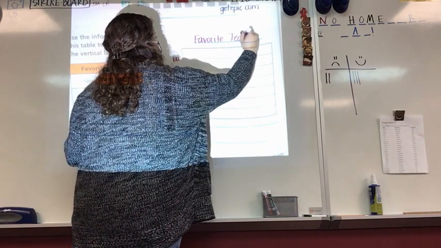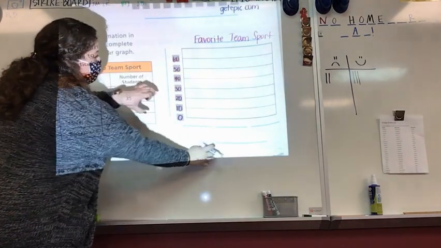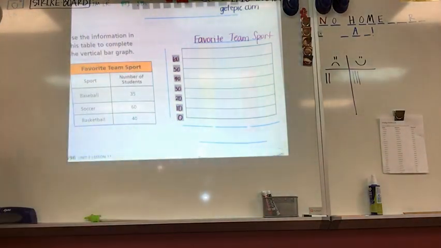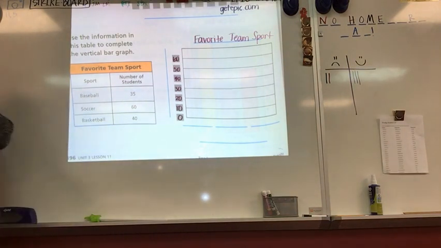Who thinks they could tell me what my 2 labels might be? They're usually section headings in my table also. Keegan. Total sports. They've given us a couple examples here.